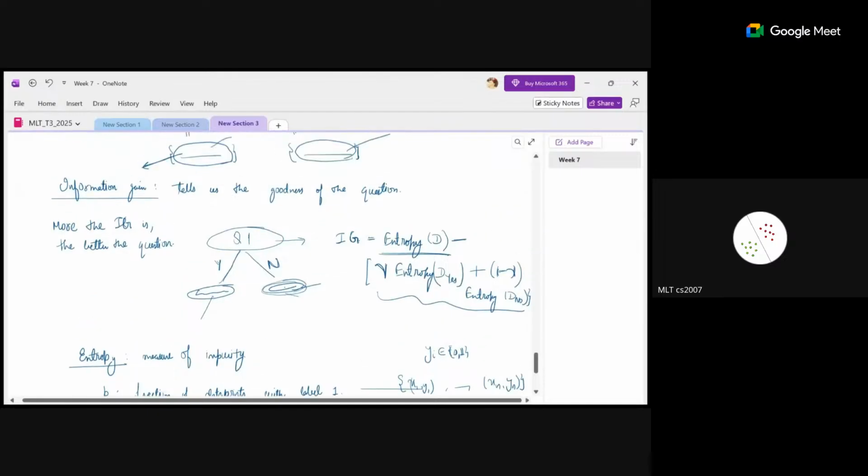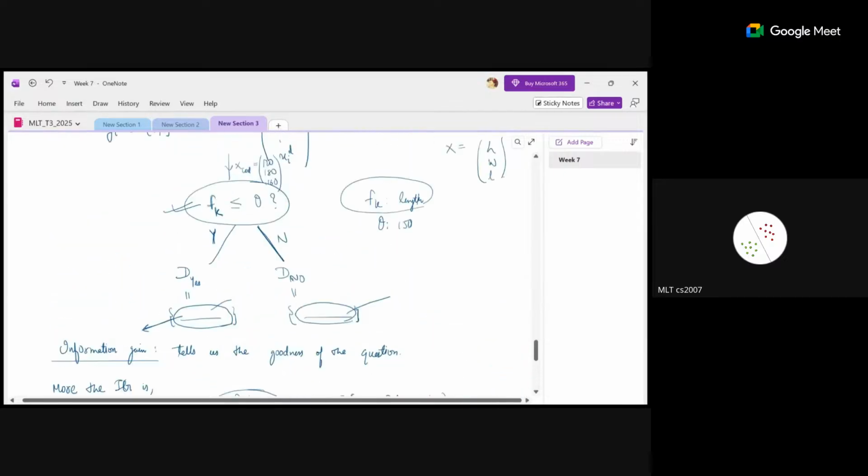If this part is low, you get this value to be more. So this gives you a sense of how much randomness you are able to remove from your data set. The higher this value is, the better the question is. So we are looking for the question with the highest information gain.